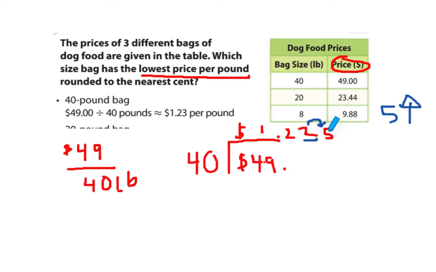It sure is. So guess what? The 5 has the power to make this the next biggest number. It pushes it up to the next biggest number, and after 2 is the number 3. So it is going to be how many cents? 23 cents. It's going to round to 23 cents.